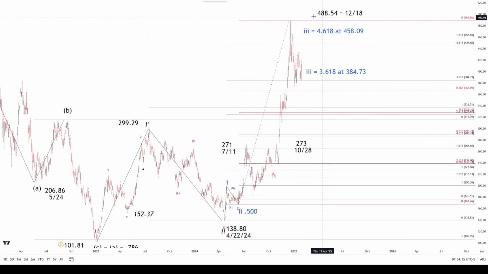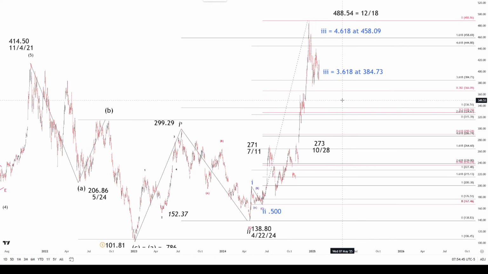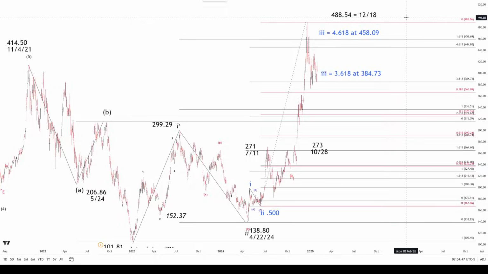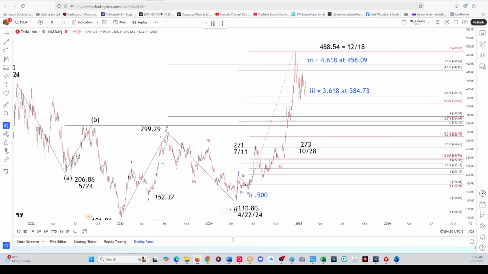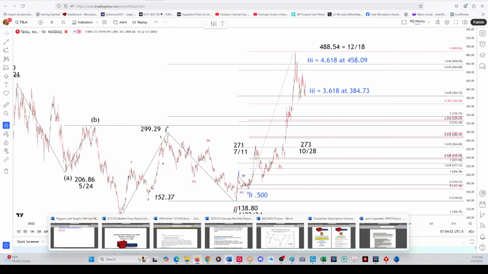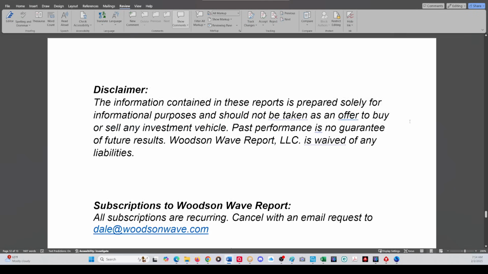Again, where is this wrong? If it goes above the 488.54 high, okay, that means the correction is down. But that's where we're looking at for our 4th wave target. Actually, I think I did that a little bit better in that monthly report. Okay, let's get that February monthly back out, and let's look at that.